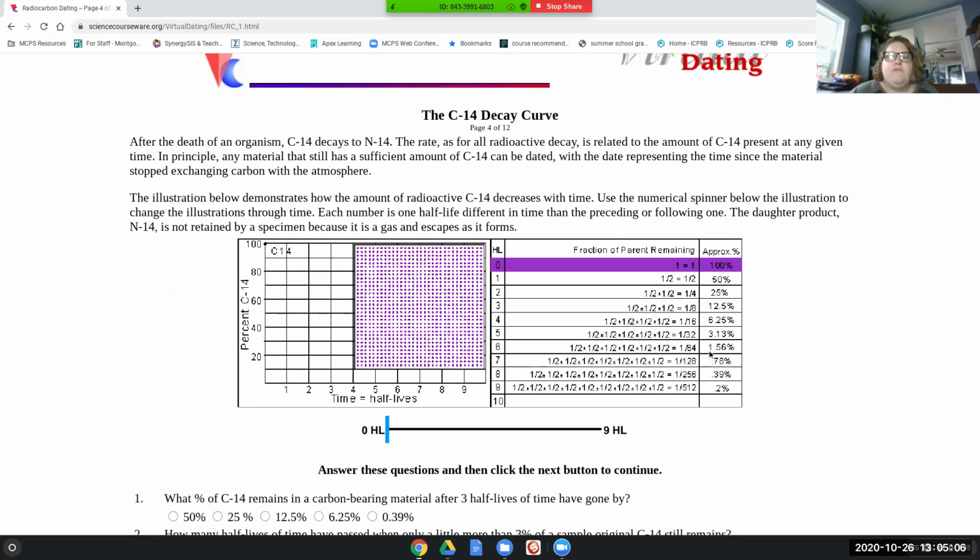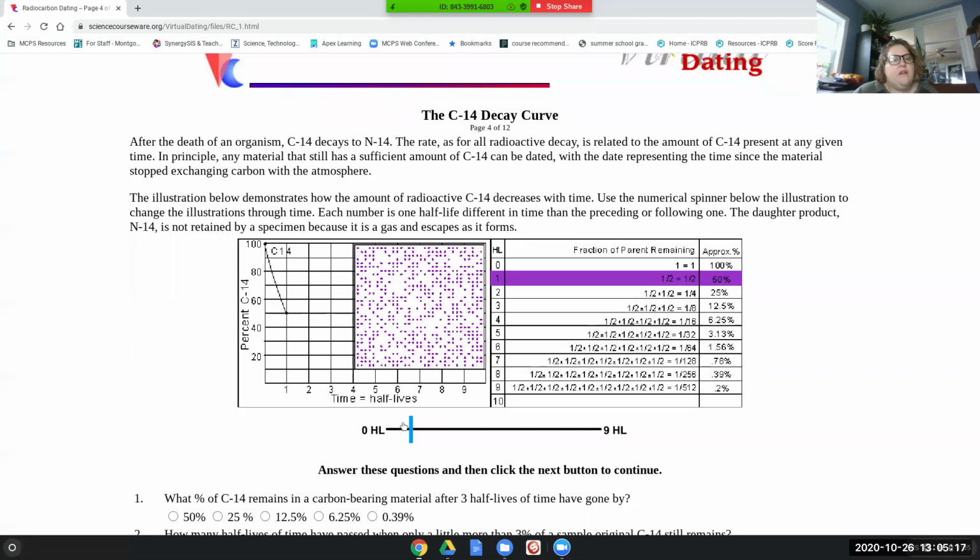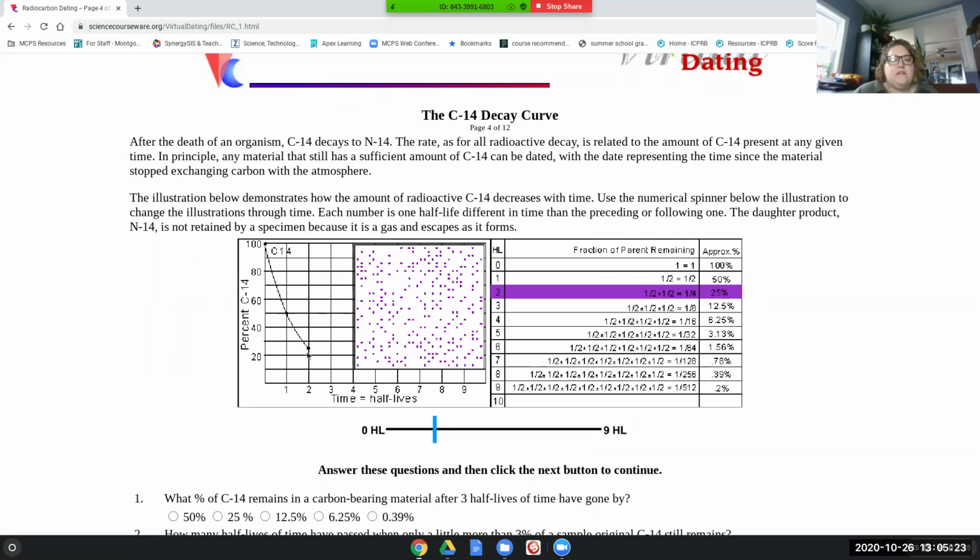This is probably 1.5625, et cetera, but they just round it to 2 decimal places. Okay, and if we move this bar, we're gonna draw our line on the graph for us. Or I should say the computer's gonna draw our line. So this is at 1 half-life, we had 50%. 2 half-lives, we had 25%.